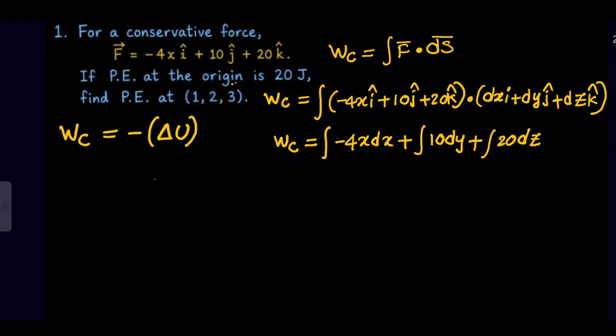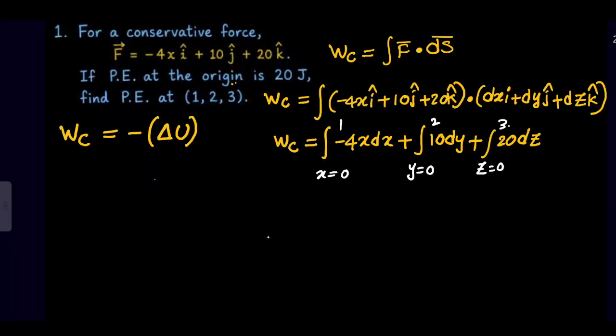Here we have to take the limits. What are the limits? x limits are 0 to 1, y limits are 0 to 2, z limits are 0 to 3. Now integrate.